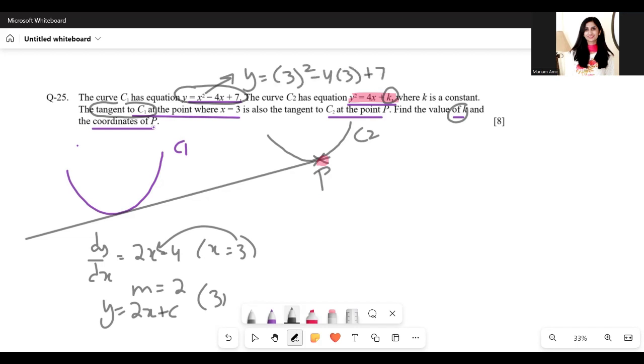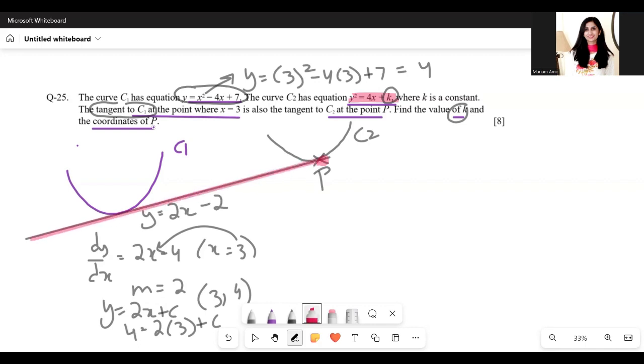That comes out to be 4. So at (3, 4) we find the value of c: 4 equals 2 times 3 plus c, which gives us y equals 2x minus 2. This is going to be the equation of the tangent.